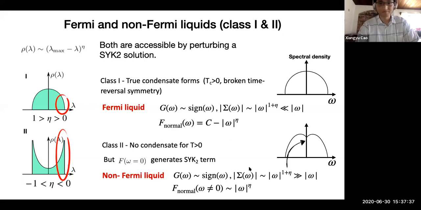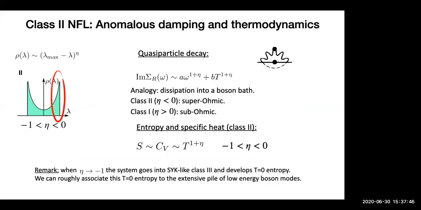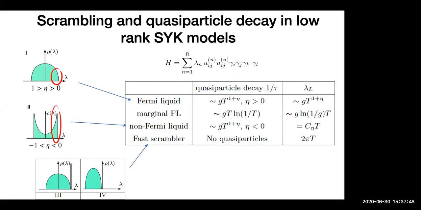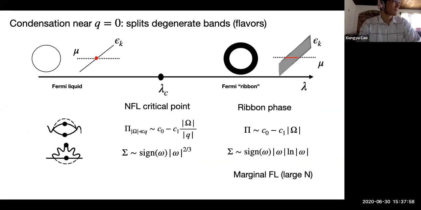Lujin, do you want to go ahead? Yeah, thanks. So in the second last page or third last page, you mentioned there's a Fermi ribbon phase. Is this ribbon stable? Yeah, this ribbon is a large N effect.